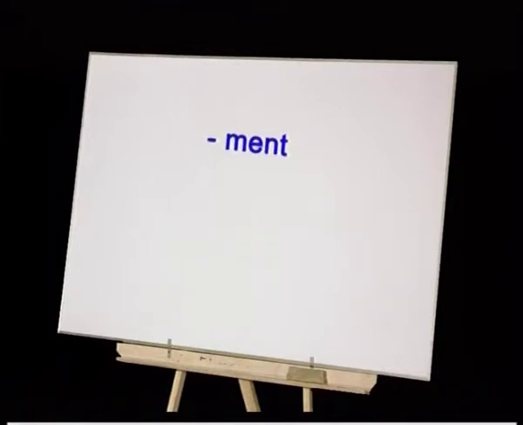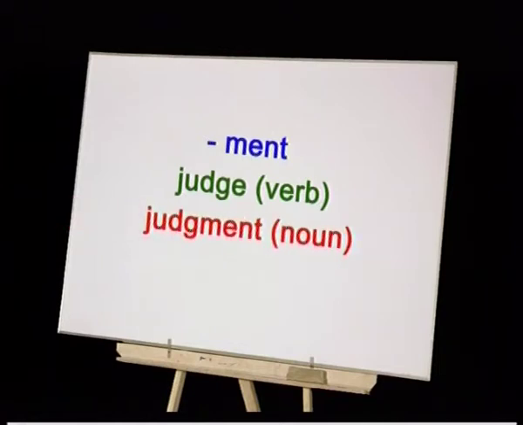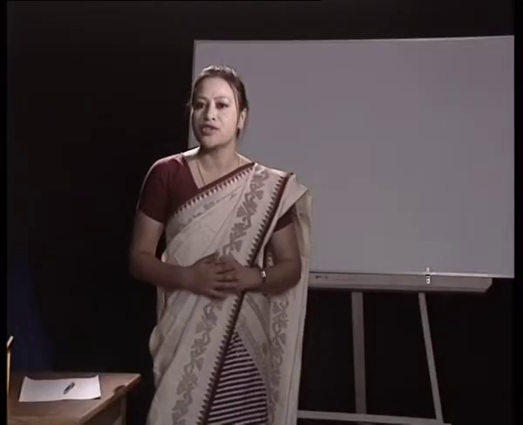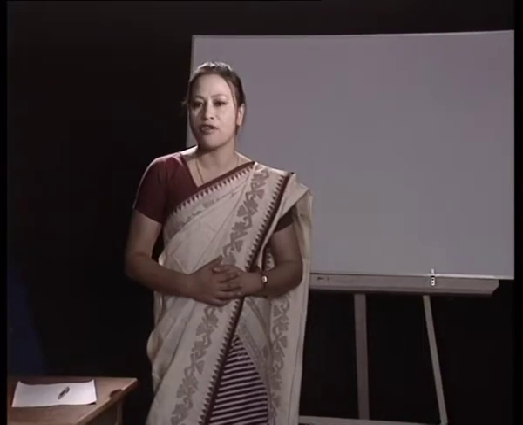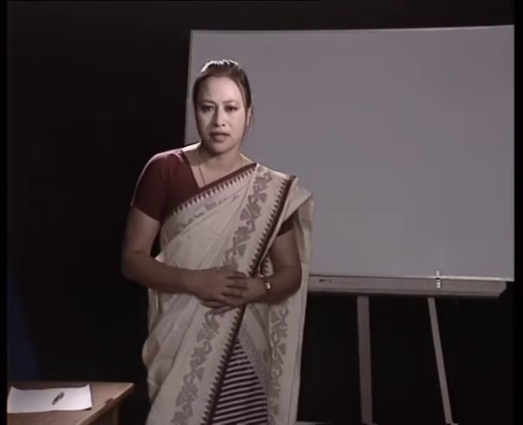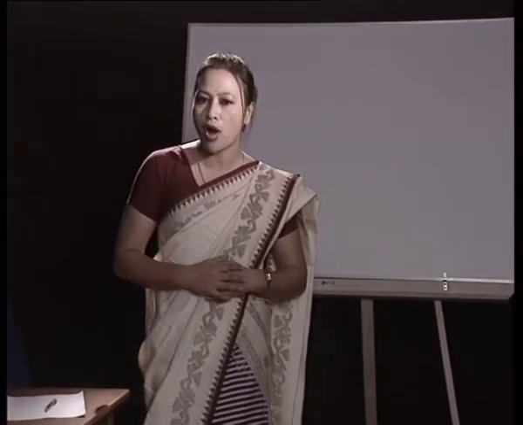Thus, affix ment added to a verb forms a noun, judgment. The inflectional or derivational distinction is not a fundamental or foundational question at all, but just a sometimes useful piece of terminology whose definitions involve a somewhat complex combination of more basic properties.